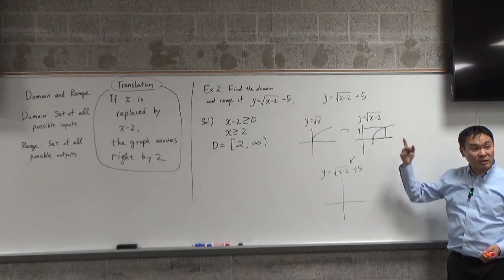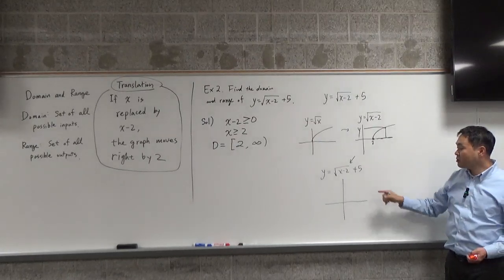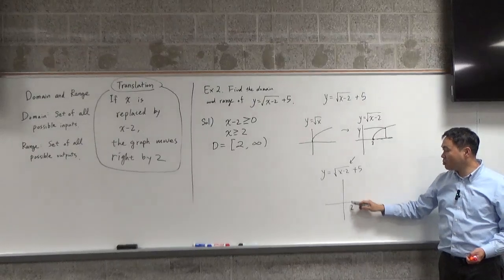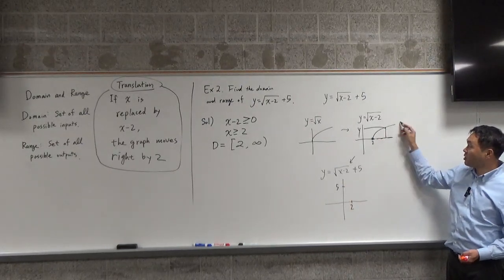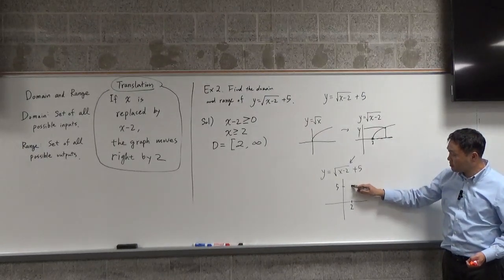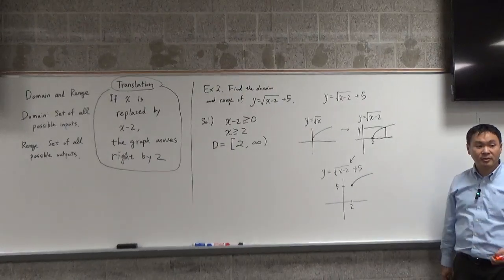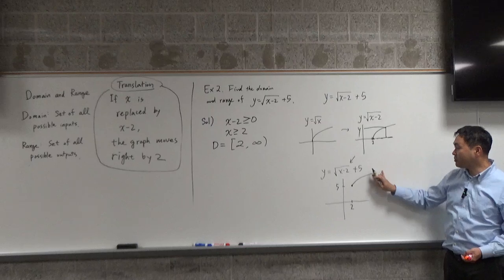It will increase by 5, which means in terms of the graph, it will move up by 5, right? So what it does is, if this is 2 and this is 5, this point, which is the tip of this graph, is going to move up by 5. Just like that. Okay. So that's the graph.